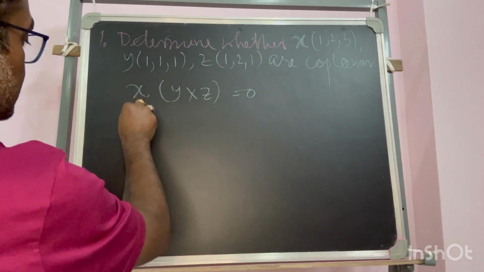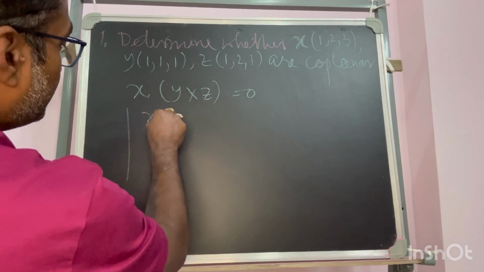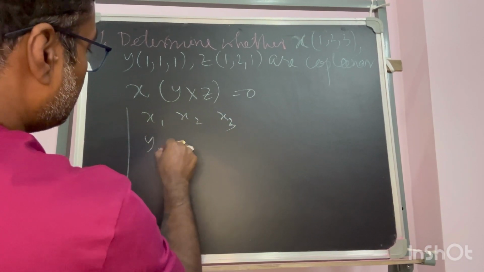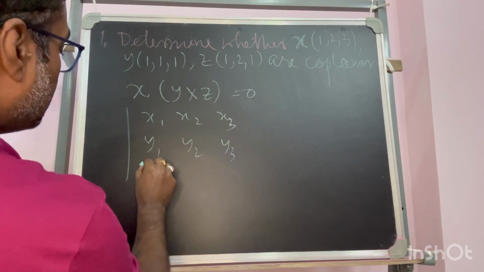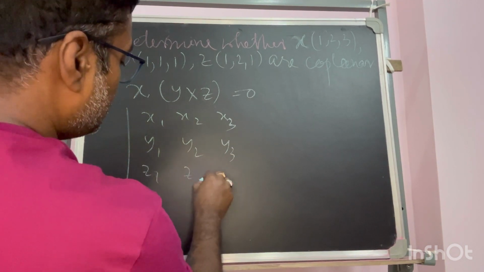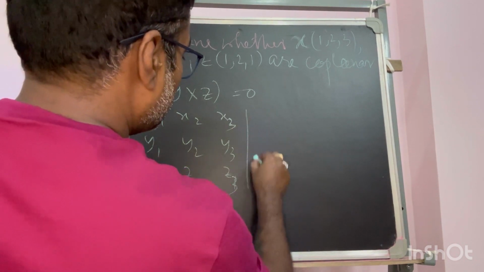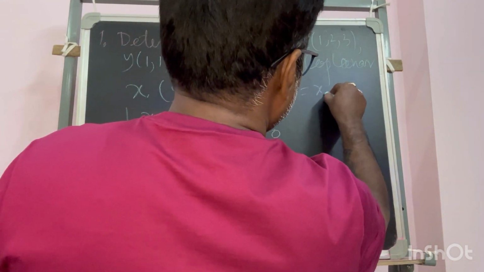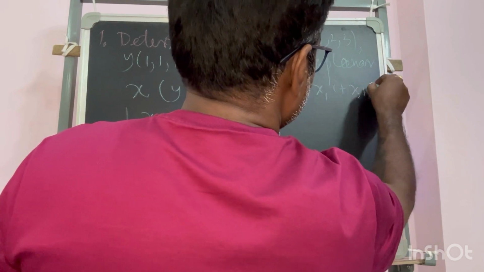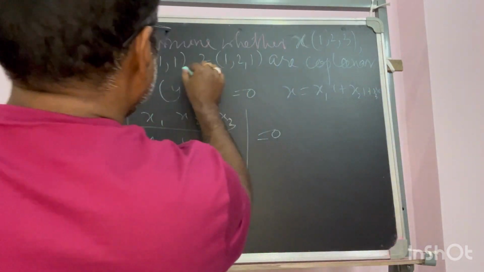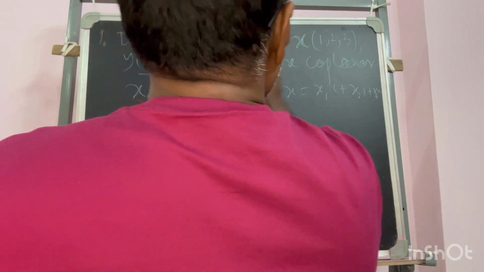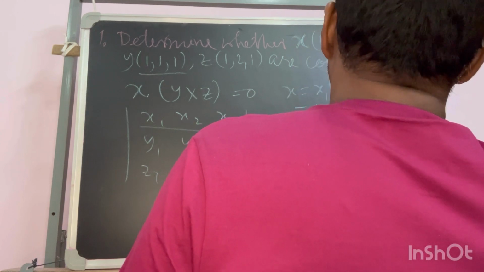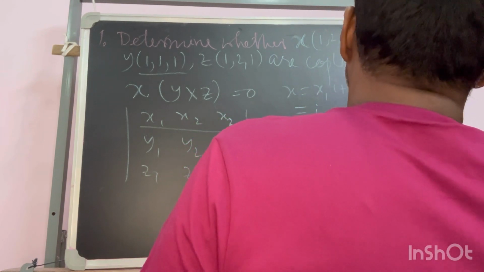Now this is nothing but the matrix of components x1, x2, x3, y1, y2, y3, and z1, z2, z3. That determinant has to be 0. Now what are these? X can be represented by x1 i plus x2 j plus x3 k. So you can take this point: this is i, because it is 1, plus 2j, and plus 3k.